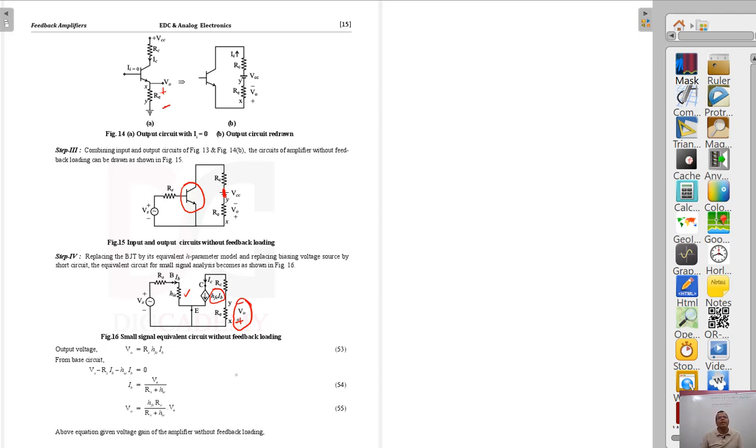So this circuit is basically the small signal equivalent. I need to find the voltage gain, that is the ratio of output voltage to input voltage. Input voltage is Vs here. How to find that?